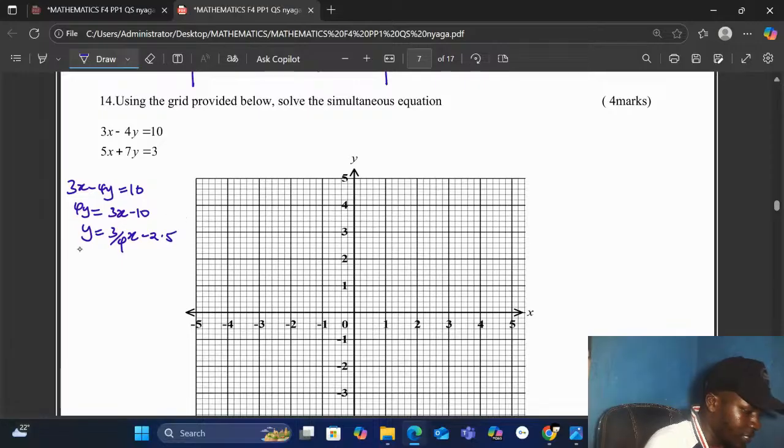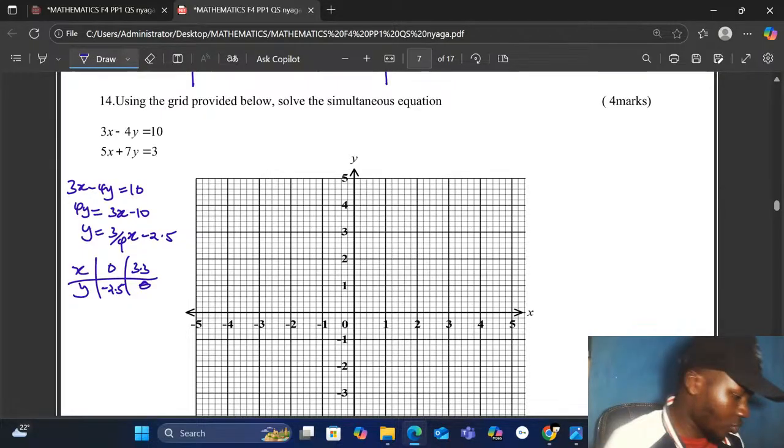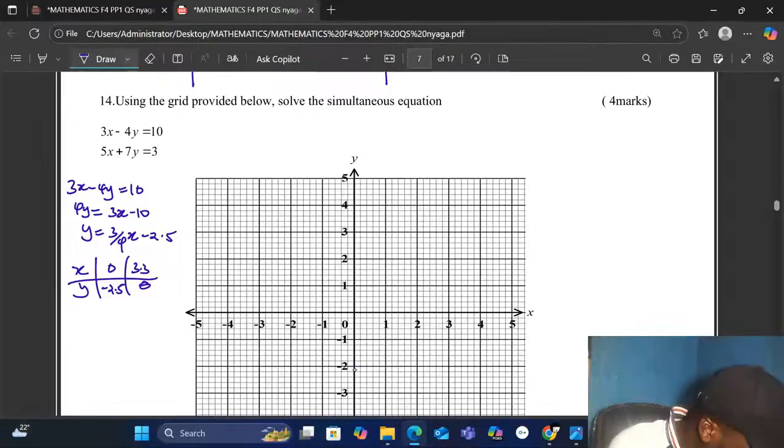So you can look for 2 points, one is x, another y, so that we draw. So when x is 0, y is going to be negative 2.5. And when x is now 3.3, we're going to have y as 0. So you can use the 2 points to draw. So we have x is 0, y is somewhere here.